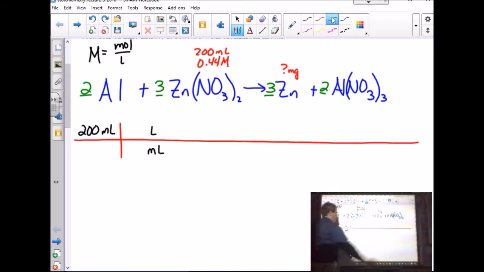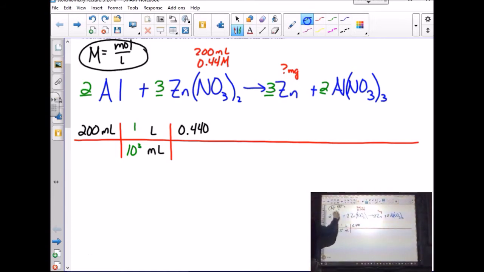And which one's bigger, a liter or a milliliter? And how many milliliters in a liter? 1,000. Good. Okay. And then what do we write? So we're going to put our 0.440. Now remember, molarity is written like that.